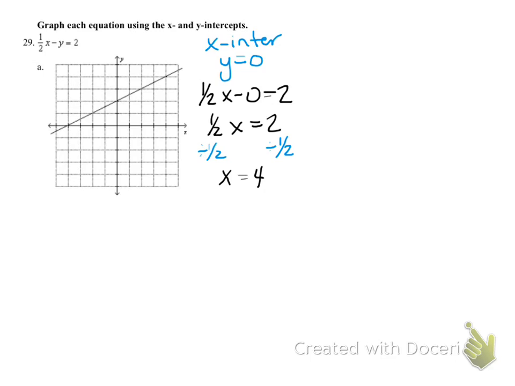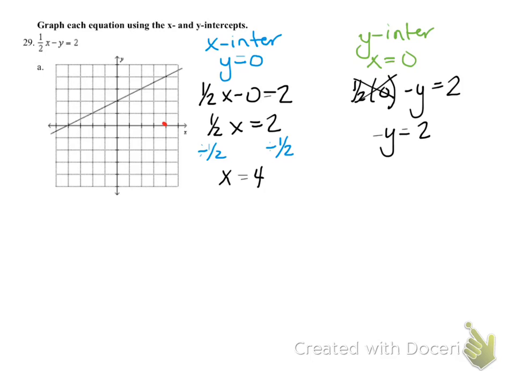Oops, wrong spot. 4. Okay, and then to find the y-intercept, I'm going to plug in an x value of 0. So I get 1/2 times 0 minus y equals 2. That'll disappear. You get negative y equals 2.